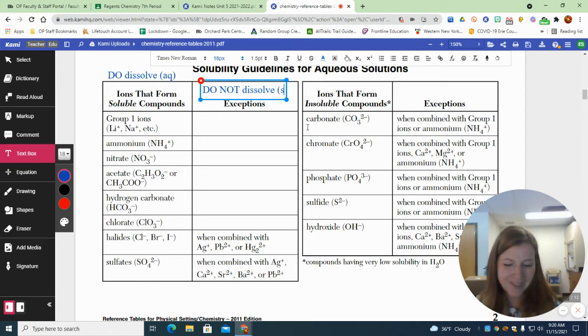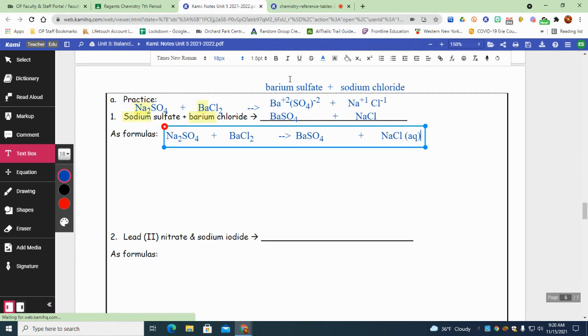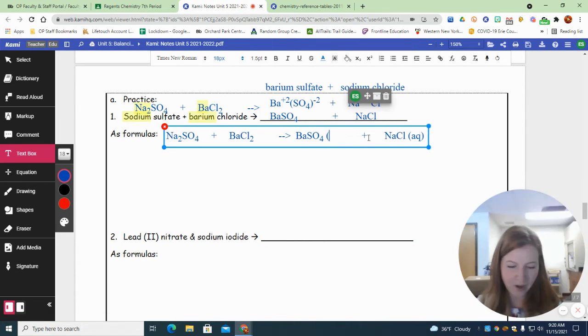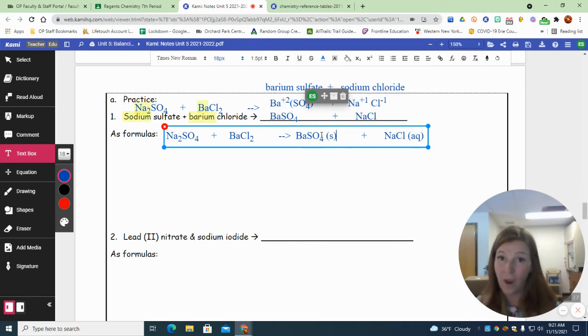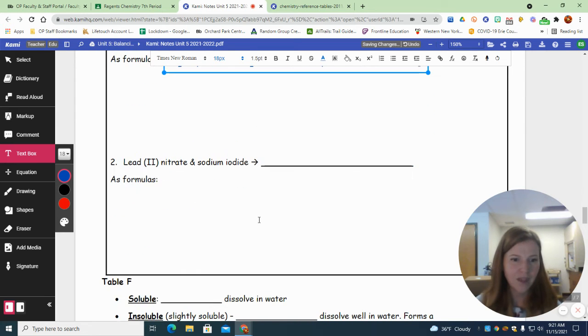You would be a precipitate, which means you're a solid. So I would mark it as an S. So BaSO4 gets marked as an S. Why? Because sulfates, when combined with barium, do not dissolve. So it's a solid. So does this reaction happen? Yeah, it does. How do I know? I made a solid.